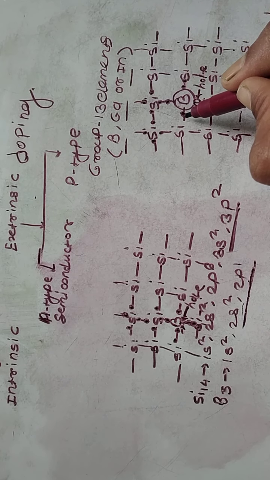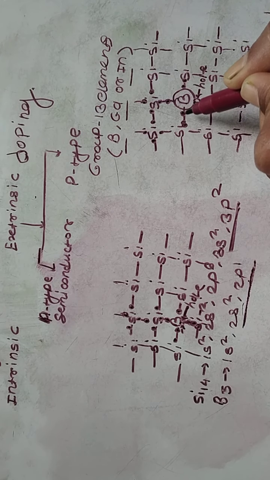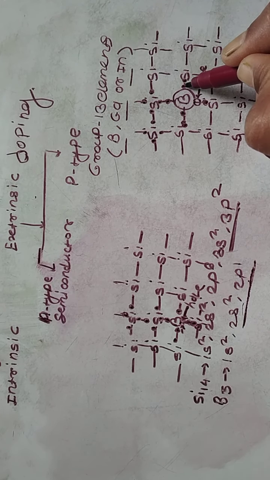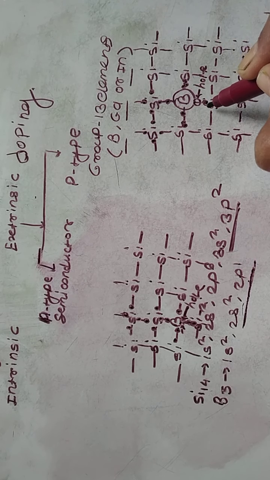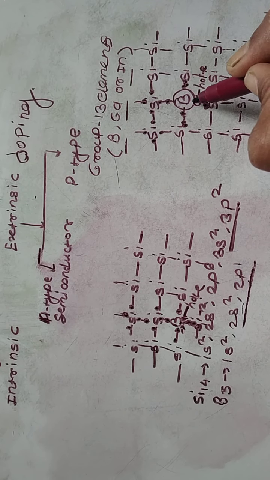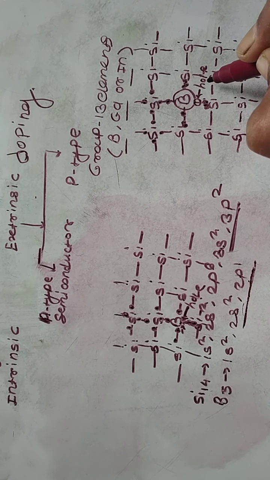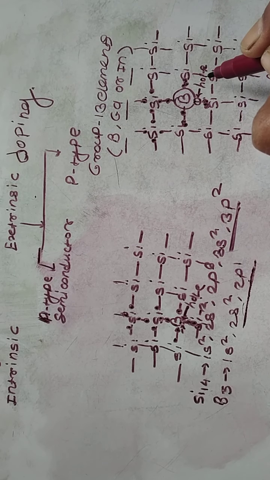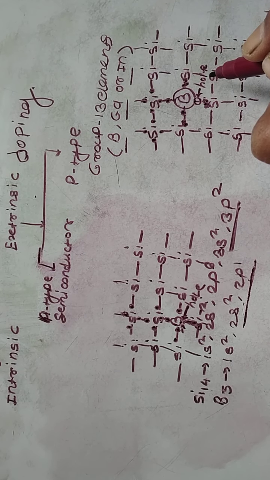So it can share with only 3 neighboring silicon atoms, but on the other side there is no electron. That means there is a hole. That means this species is an electron deficient species.